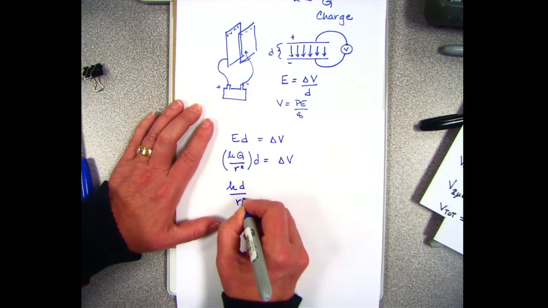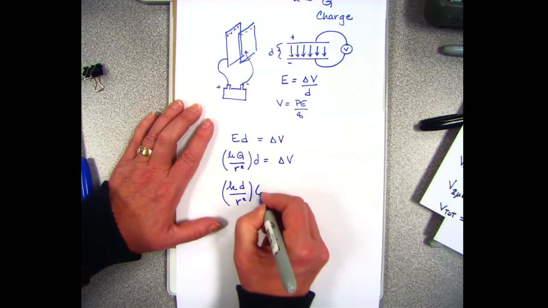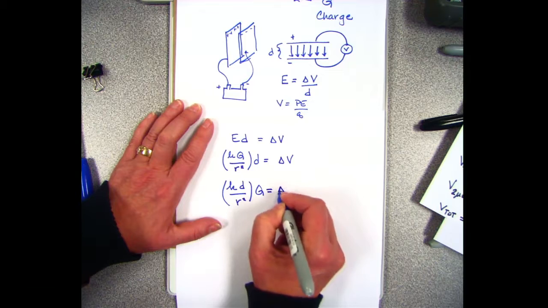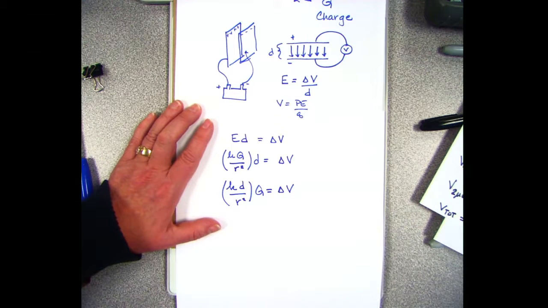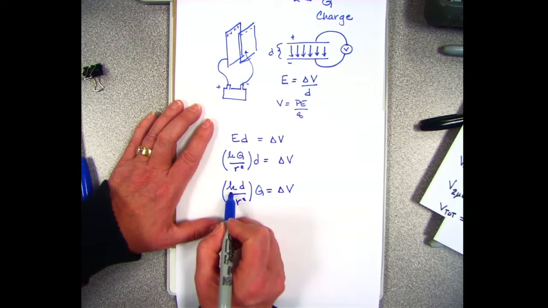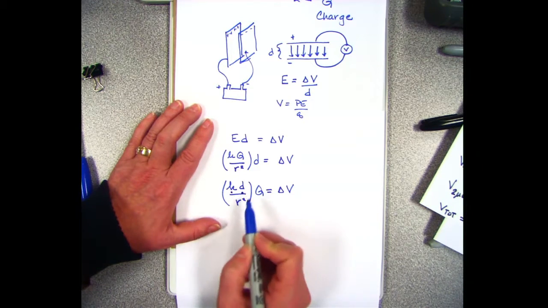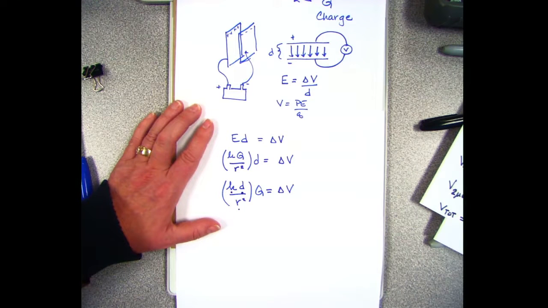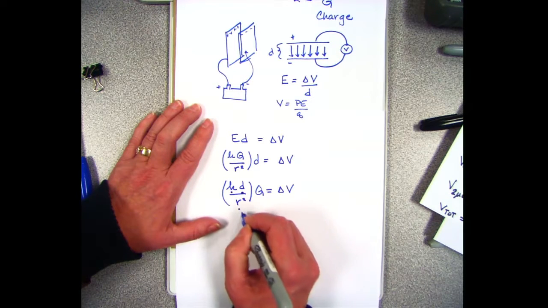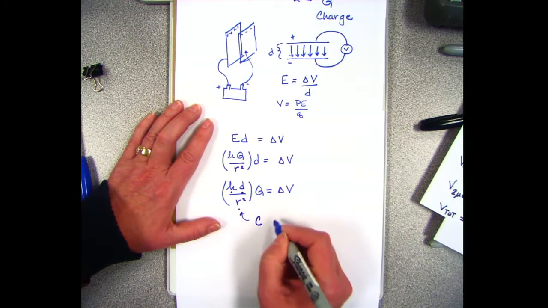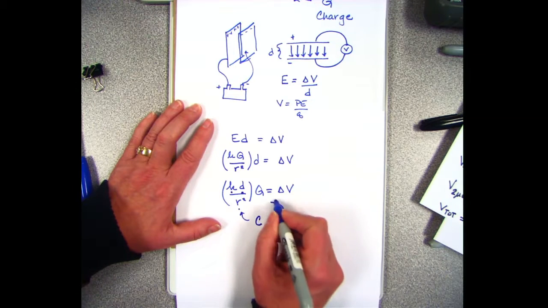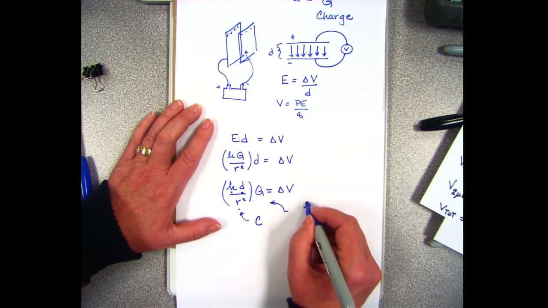This is a constant. This is a function of my device. And that is a function of my device. So that all is a function of the device that we get, and that becomes what we're going to define as capacitance, because if I rearrange this equation, I get my k d r squared is equal to my delta V over Q, but I can flip it over.